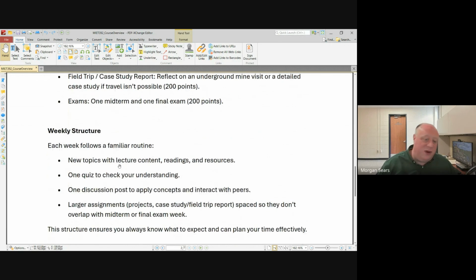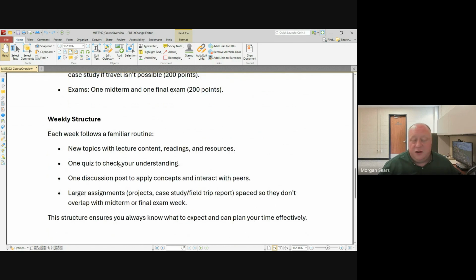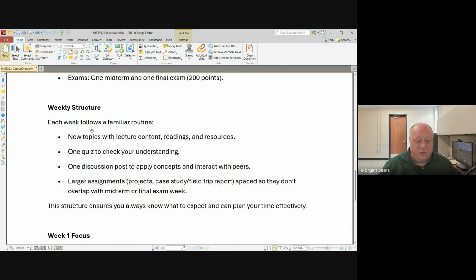And we'll have the same weekly structure that we'll have in 312. Similar routine, right? Because this is helpful for a lot of people, not just anyone that likes routine. So, new topics. We'll have a new topic, lecture content, whatever goes along with it. A quiz, discussion post, and then we'll have these sort of 5 larger assignments, and they're spaced out though, so that they don't overlap with midterm or finals week.